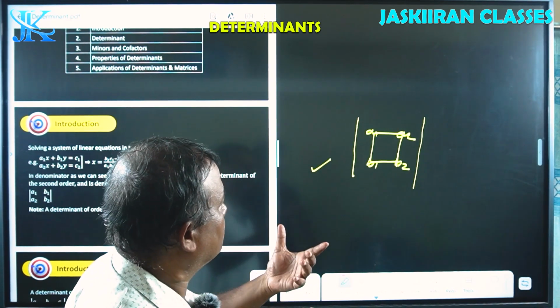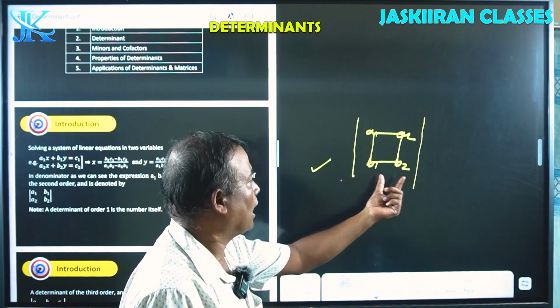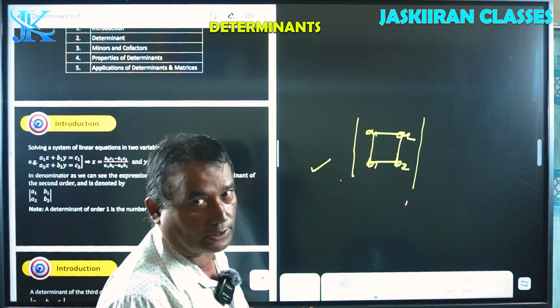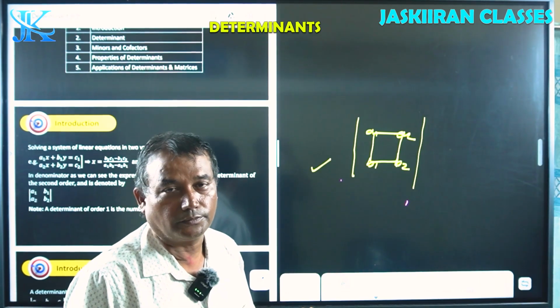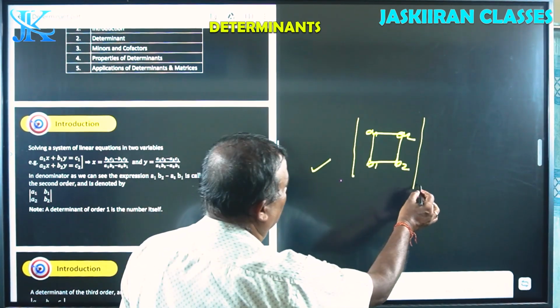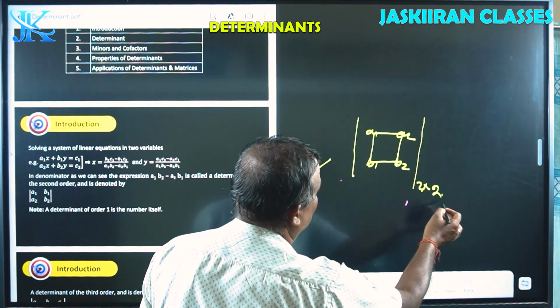So that is called a determinant. A determinant is always written in two vertical bars with square elements. That is called the second order determinant, or 2x2 determinant.